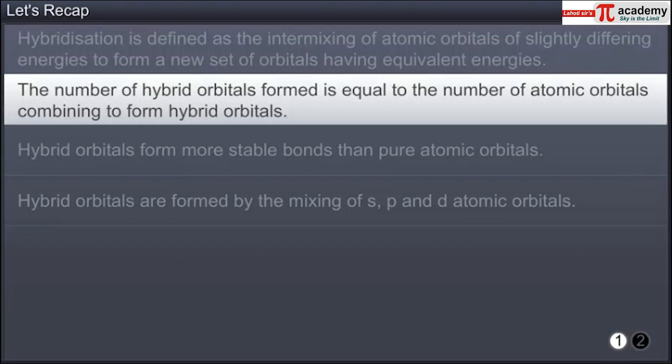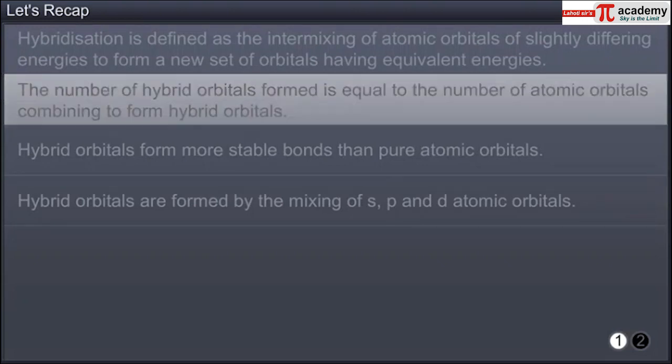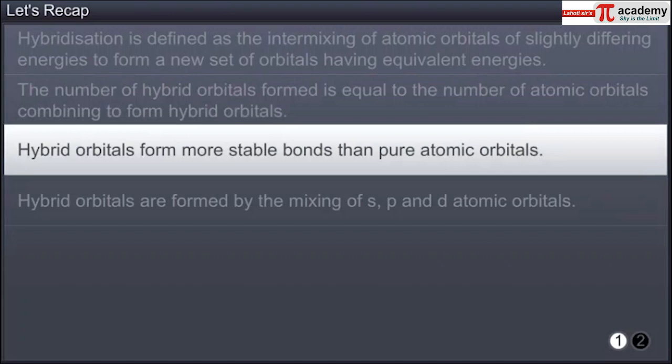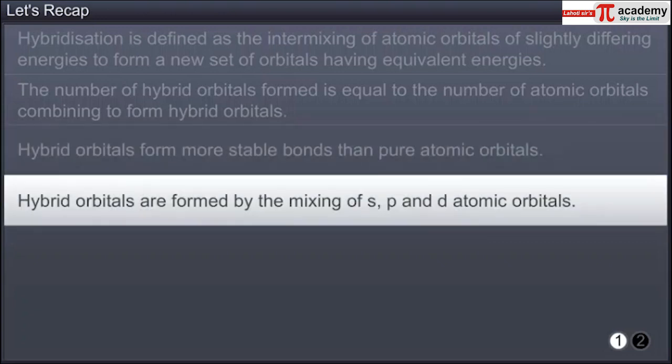The number of hybrid orbitals formed is equal to the number of atomic orbitals combining to form hybrid orbitals. Hybrid orbitals form more stable bonds than pure atomic orbitals. Hybrid orbitals are formed by the mixing of s, p and d atomic orbitals.